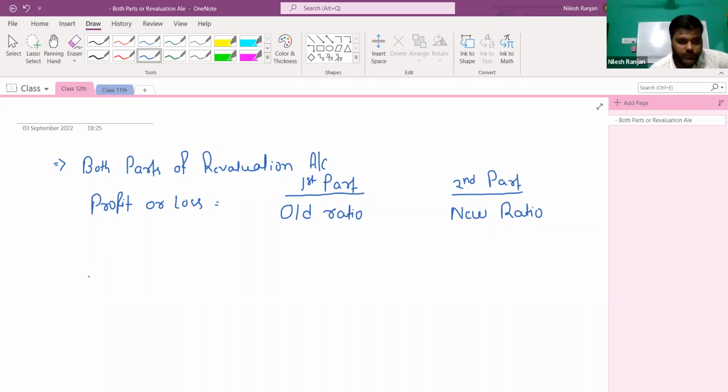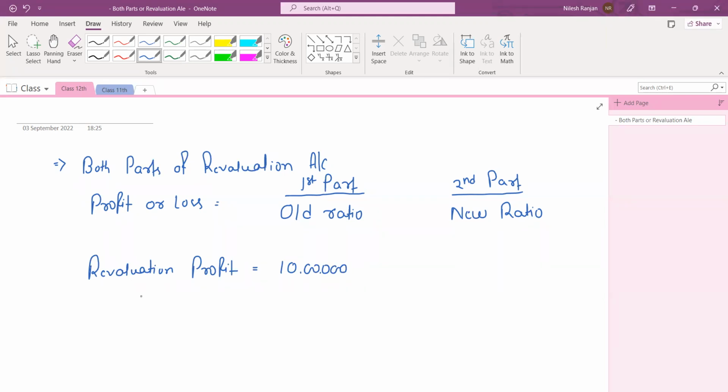So let's say there is a revaluation profit. I'm taking an example, a revaluation profit of 10,000. 10,000 is very low amount, so it is 10 lakh. Okay, sir. And there are 3 partners.